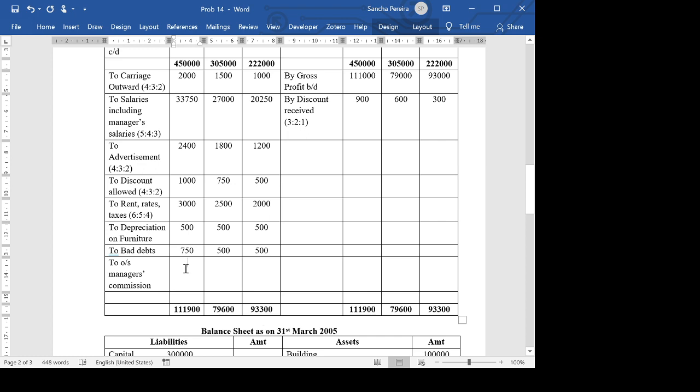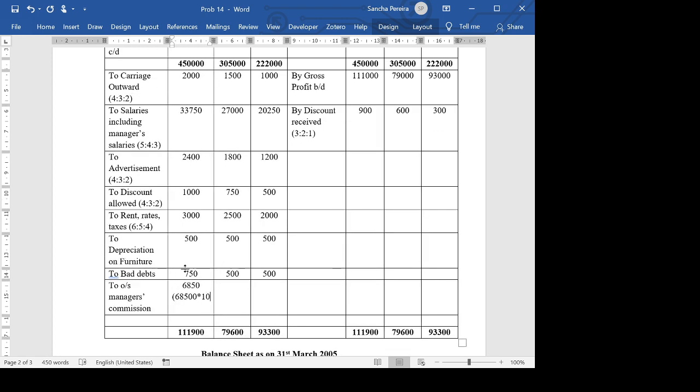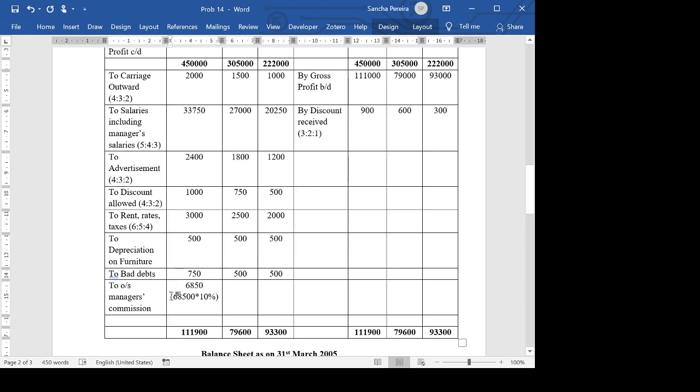So 10% of 68,500, which I'm getting is 6,850. How did I get this? It's 68,500 into 10%. I'm just writing this so that you know how it's done.